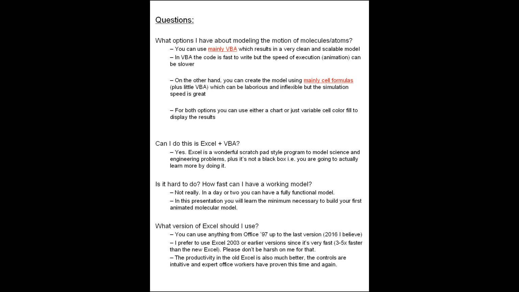Again, like I said, you work with say 100 by 100 or 50 by 50. You cannot change it. You need to create a different model. For both options, you can use a chart to display the atoms and molecules, or you can just use a live, variable cell fill to display the results.